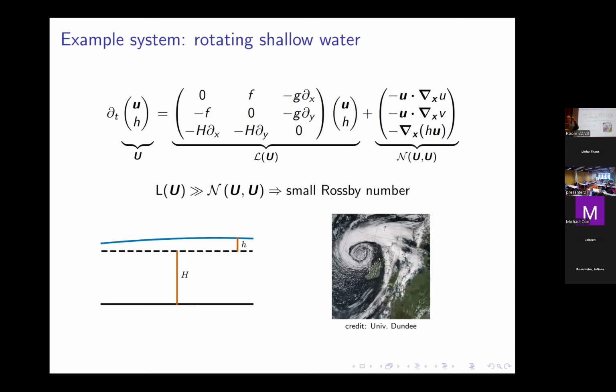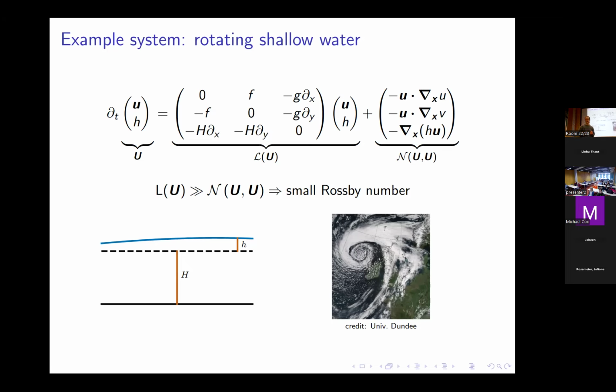Sometimes you'll see it as the whole layer height, but it's basically the change in height from a mean height, big H. And you have these linear modes that are dependent on the Coriolis parameter f and gravity and the layer height. So that's your fast oscillations in this system. They're internal waves. And then the slow modulation is coming from nonlinear terms such as advection and this term from the mass conservation equation.